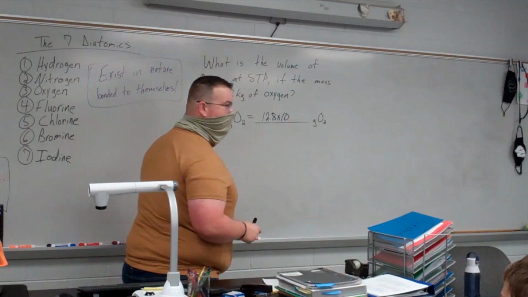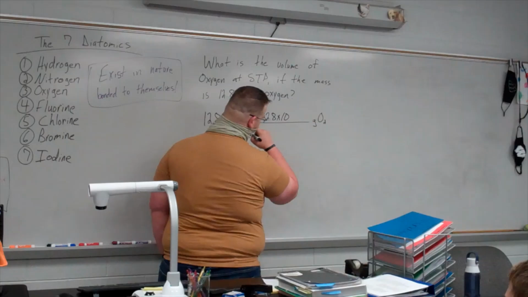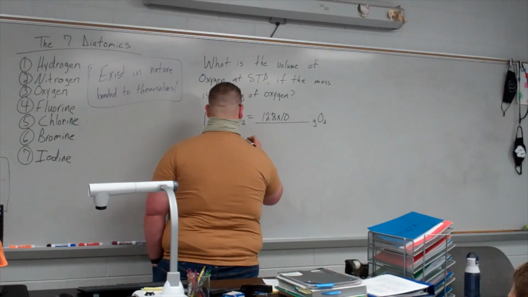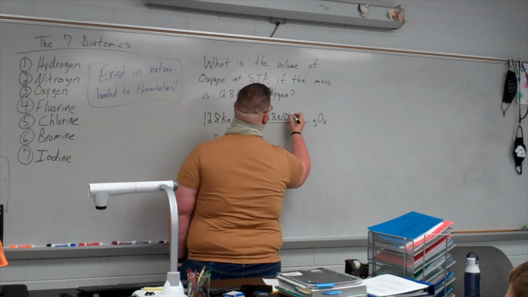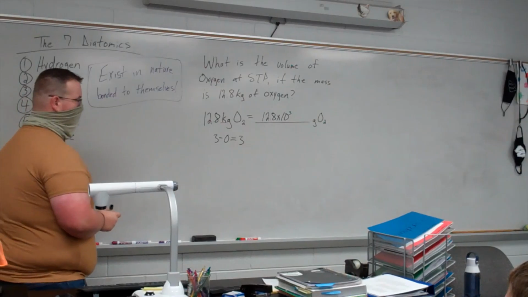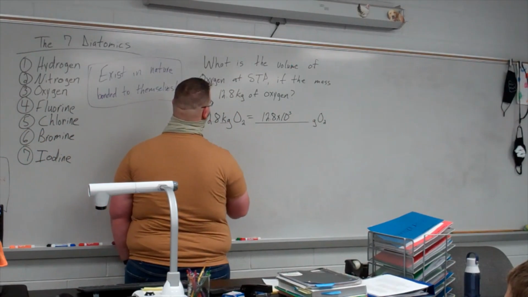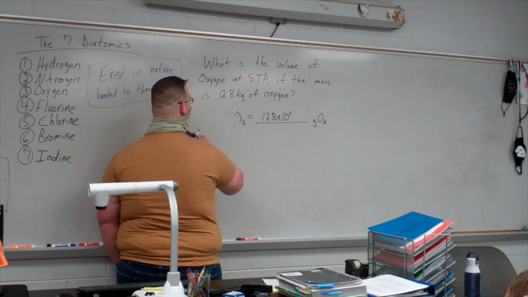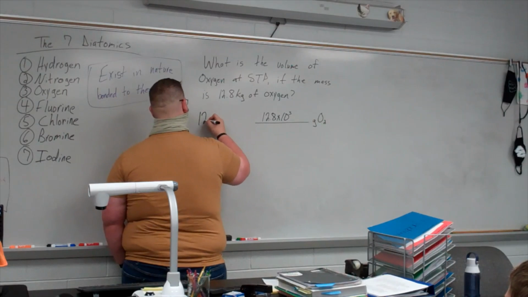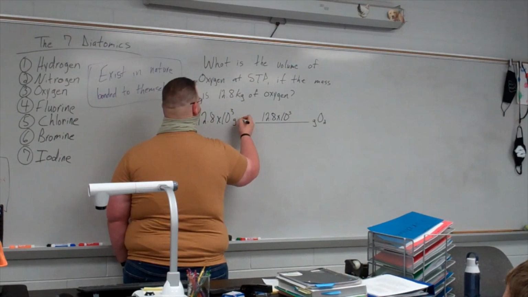If there's something another, kilo, the exponential value is 10 to the third, so 3, minus grams is the base unit, so that's 10 to the 0. 3 minus 0 is 3. There's nothing to multiply or add, so it's 12.8 times 10 to the third power. So, we can now work with this. Write down what you start with: 12.8 times 10 to the third power grams of O2.